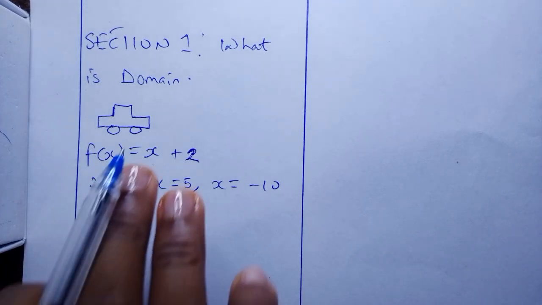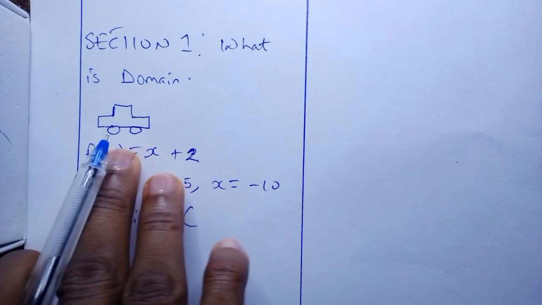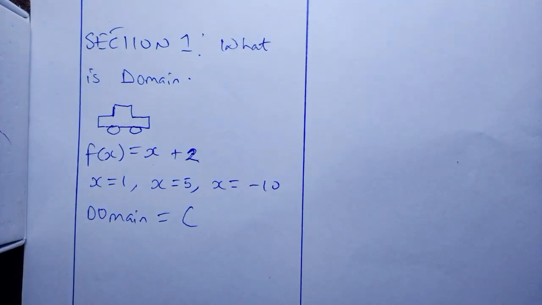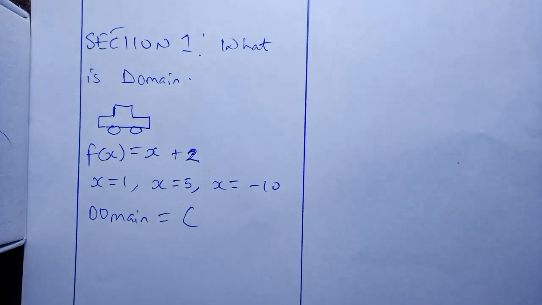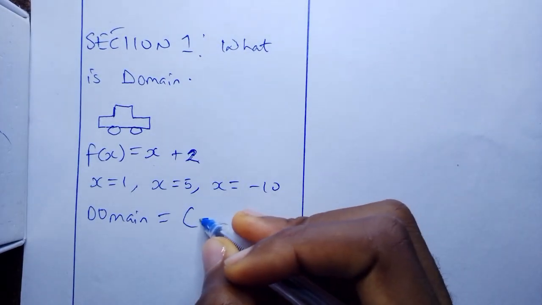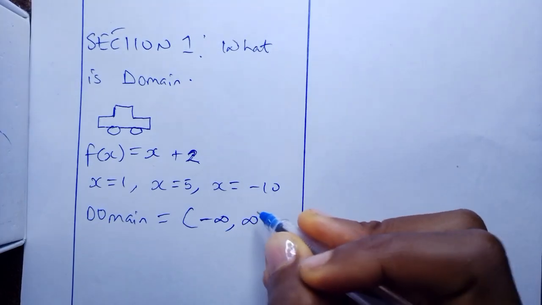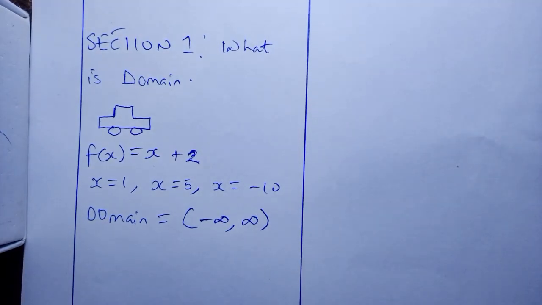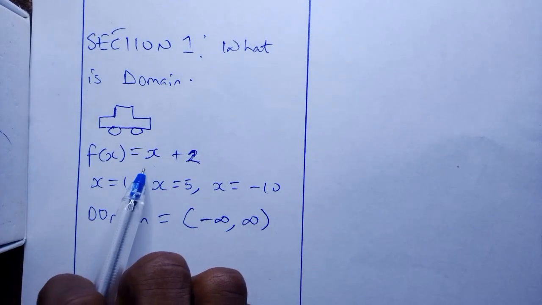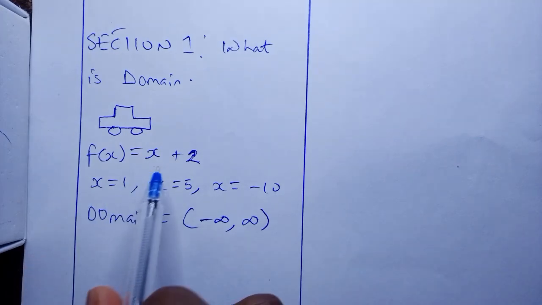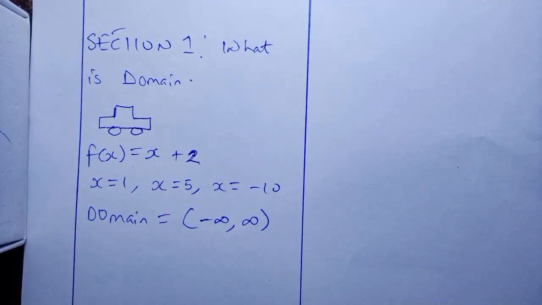So there's no number for x you put in this particular function that the function will be wrong. If you put 0, 0 plus 2 will give you 2. It's still correct. So our domain here is from minus infinity to infinity, because there's no input for x in this particular function that the function will be wrong.